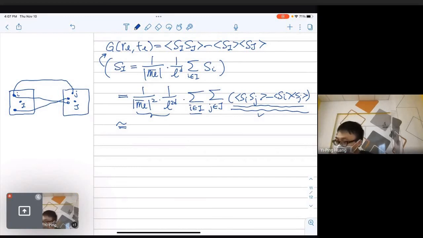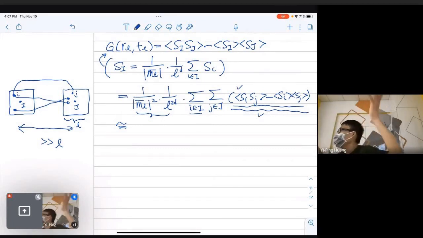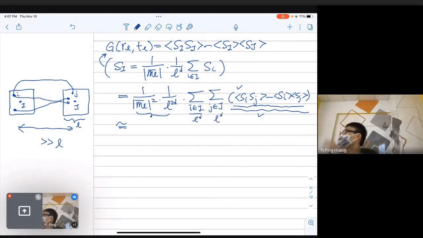And the argument is that this distance is much larger than the length scale L, which means that on average, to some extent, you are summing over a lot of these functions, but these functions are more or less equal with each other. But how many terms are there? There will be L^D terms here, and there will be L^D terms here. So there are totally L^(2D) terms there.